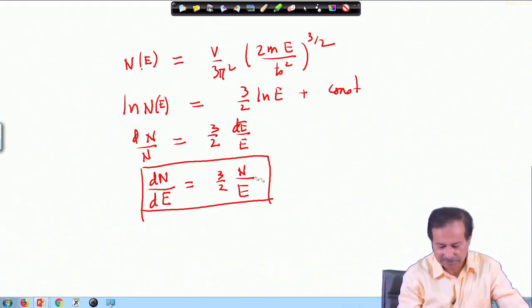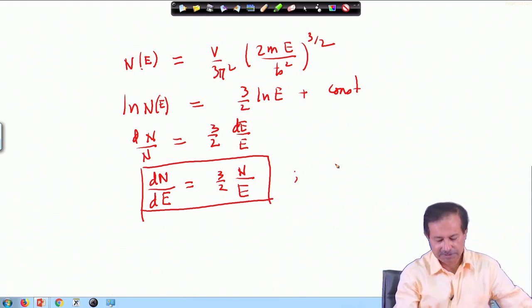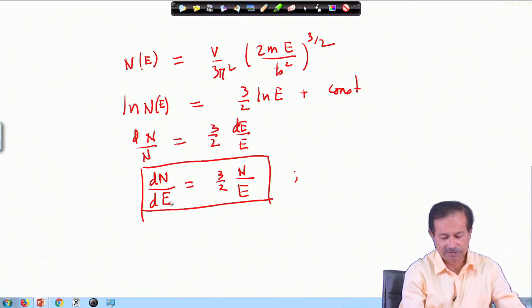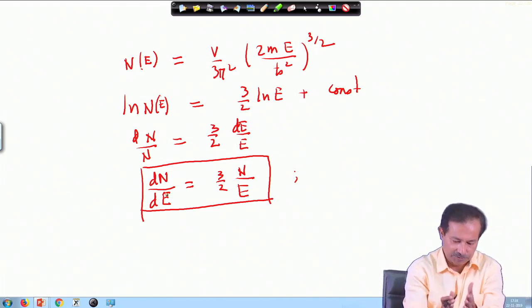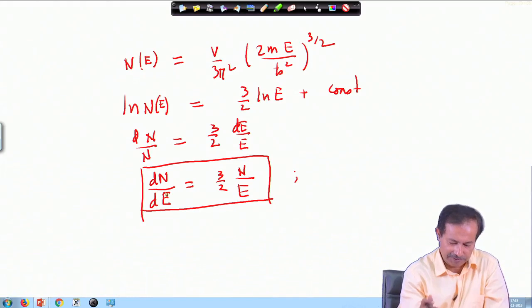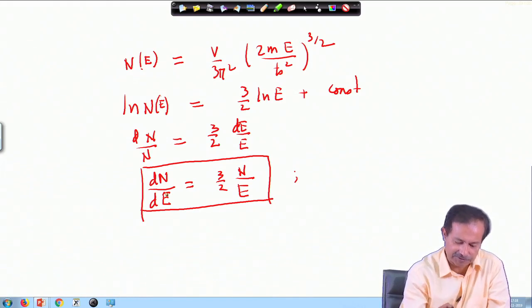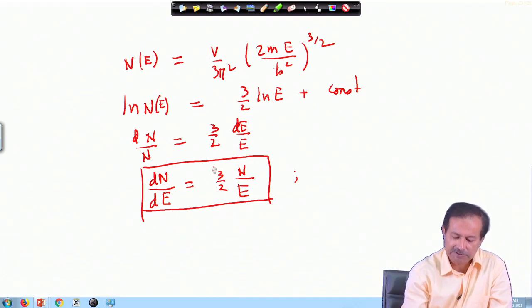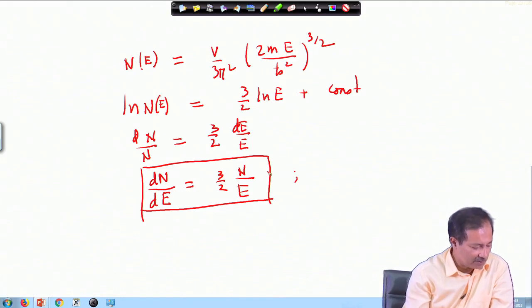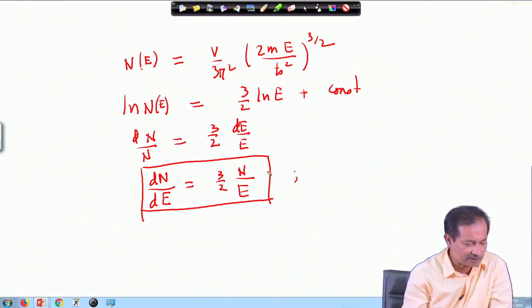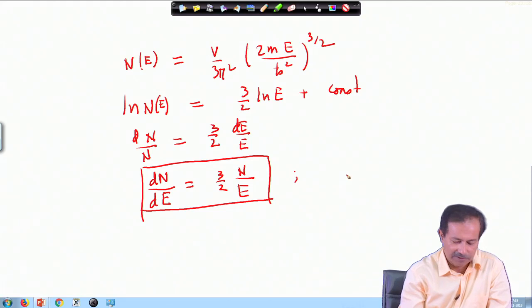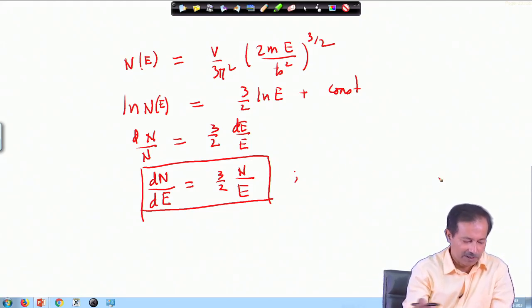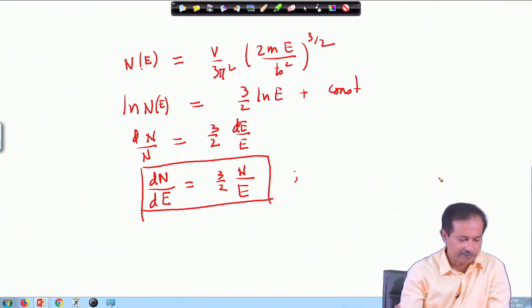This is again the density of states, the number of states between E and E plus dE, now expressed in terms of N and E. You can bring your N and E from the previous expression, and E by N can be calculated using other quantities like E_F, k_F and so on.